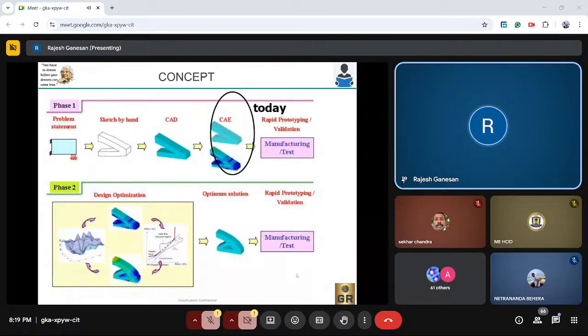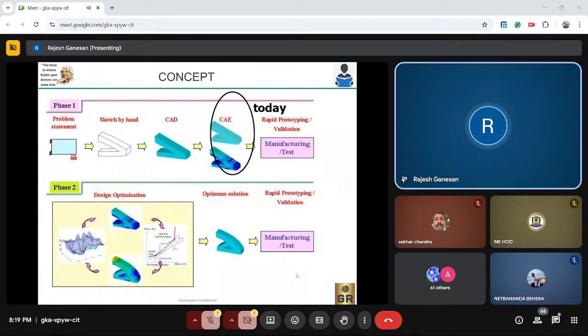Once the sketch by hand is done, we do a CAD design, that is, a 3D model. The sketch by hand is a 2D model where we draw the front view, top view and side view. Once everything is done, we go with the CAD tool and start to design this component.